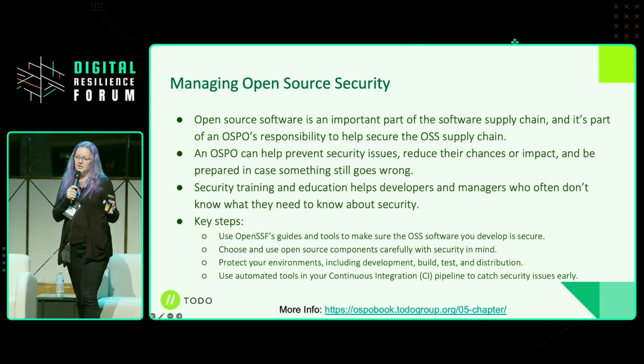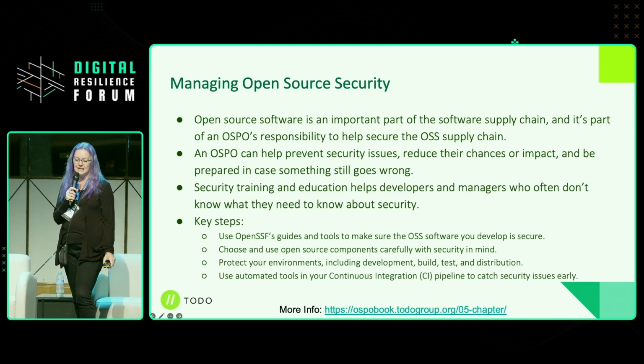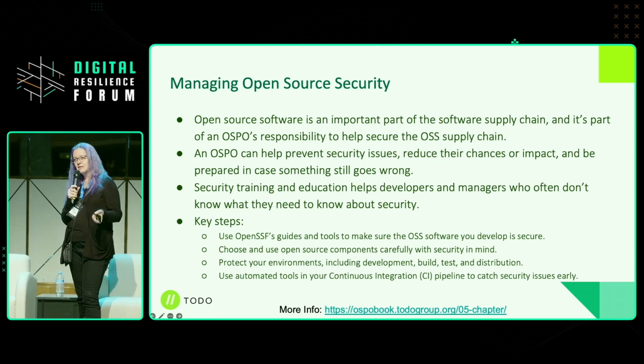And there are a couple of key steps. Again, you'll find these in the OSPO book chapter, but a really good resource is the OpenSSF's guides, as well as the tools. So tools like Criticality Score, tools like the Scorecard, to make sure that the open source software you develop is secure.